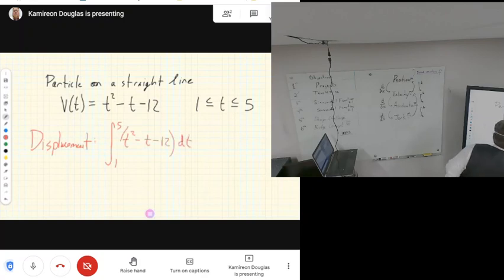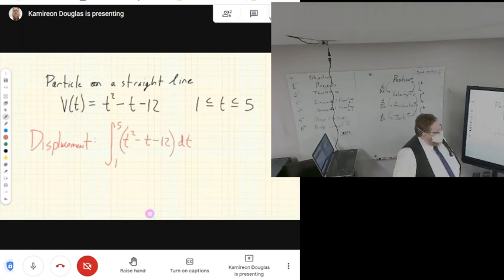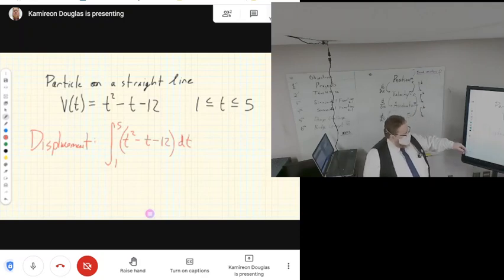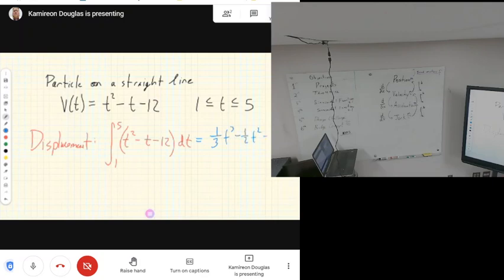All right, we've been doing integrals for a couple weeks now. Talk to me. What is going to equal this function? 1/3 t cubed minus 1/2 t squared minus 12t. Evaluate from 1 to 5. What will you do next? Plug in 5 and then plug in 1. Subtract. Beautiful.